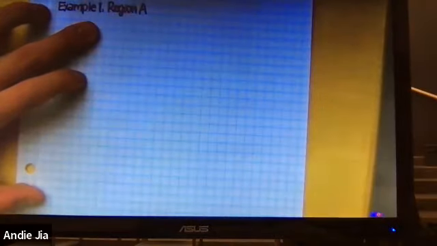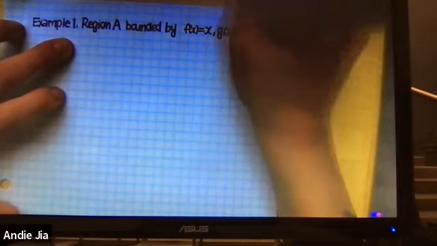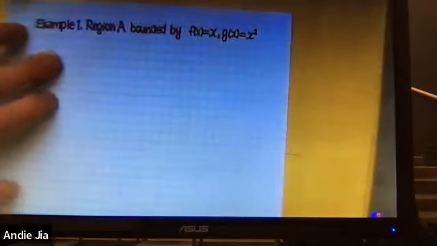This region A is bounded by f x equal to x and g x equal to x squared.